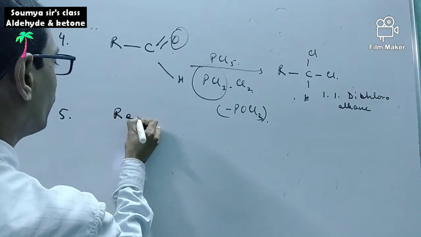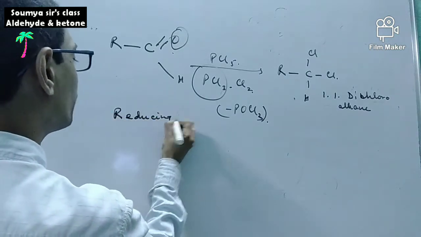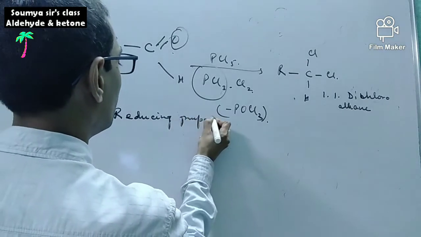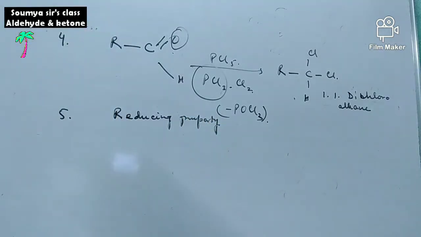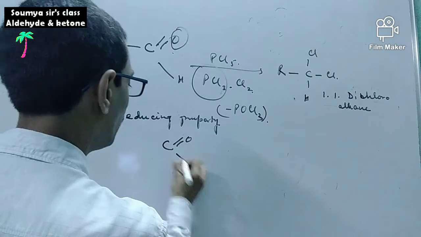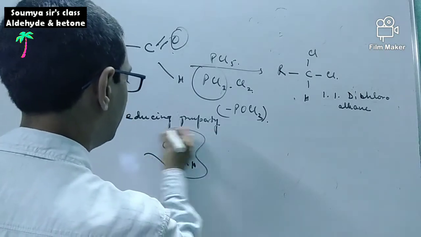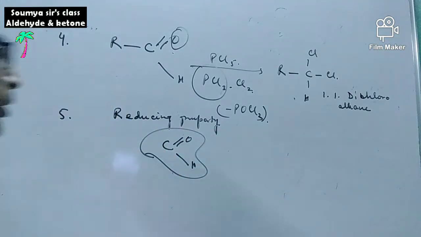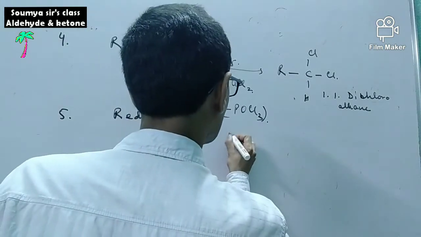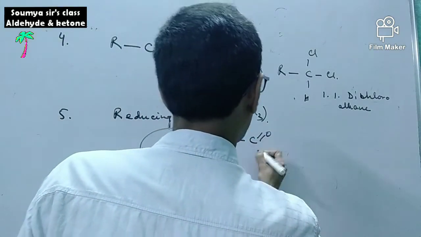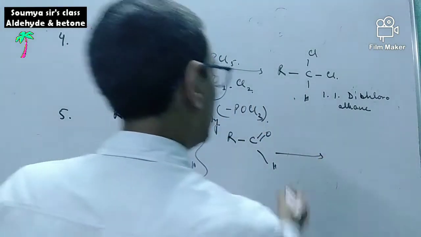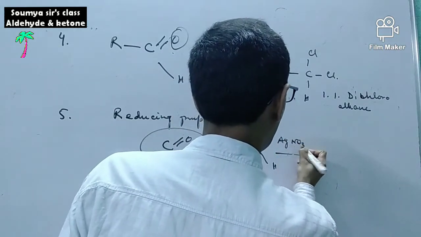Number 5 is reducing property. Only aldehyde has reducing property. What is the group of reducing property? That is this aldehyde group. Aldehyde group always reduces the combination of AgNO3 and NH3.